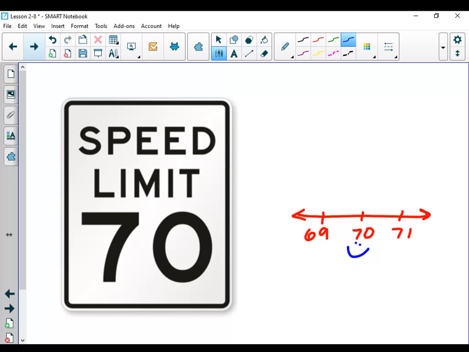If you would like to go slightly under at 69, you go right ahead. But if you decide to go over 70, now I realize 71 is not that much further than 70, but the preferred speed is not 71.